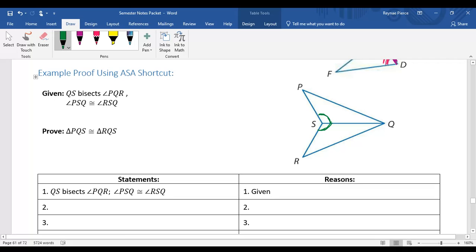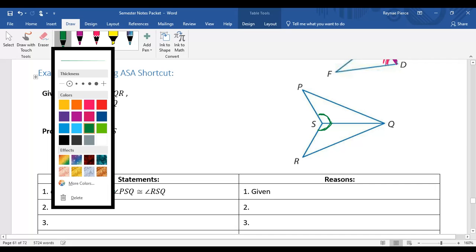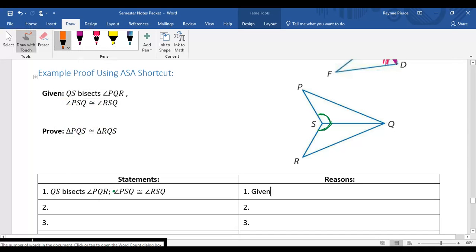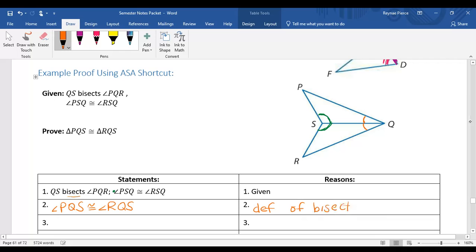Okay, that's one piece of three that we need to show triangle congruence. Okay, now QS, that line segment, also bisects angle PQR. Okay, so angle PQS and angle RQS are congruent, by that definition of bisect that was in our given information.